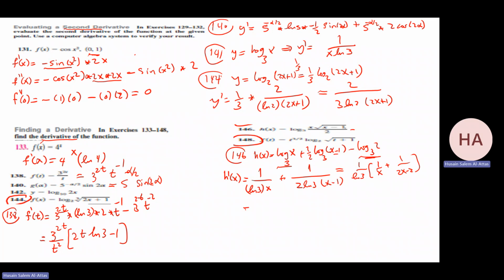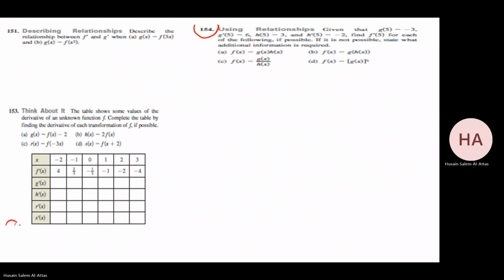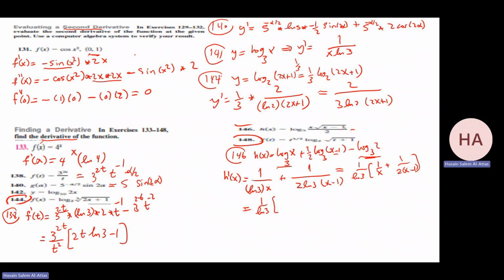So this is going to be simplified. 1 over ln 3 of what? Yeah, this one I can write it: 2x minus 1. So it will be, here I have 2x, x minus 1. I have 2x minus 2 plus x, which is 3x minus 2.